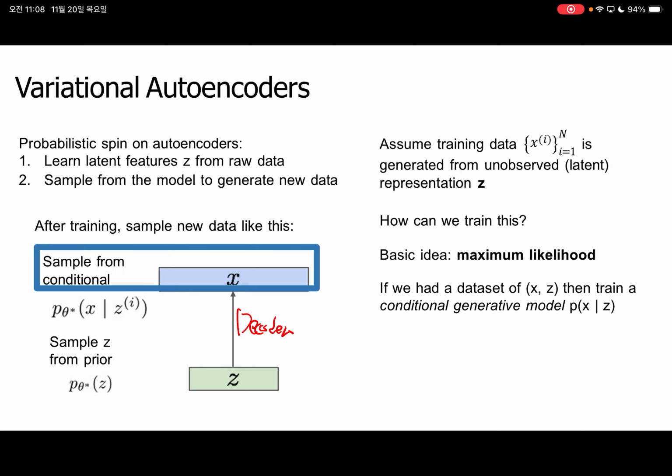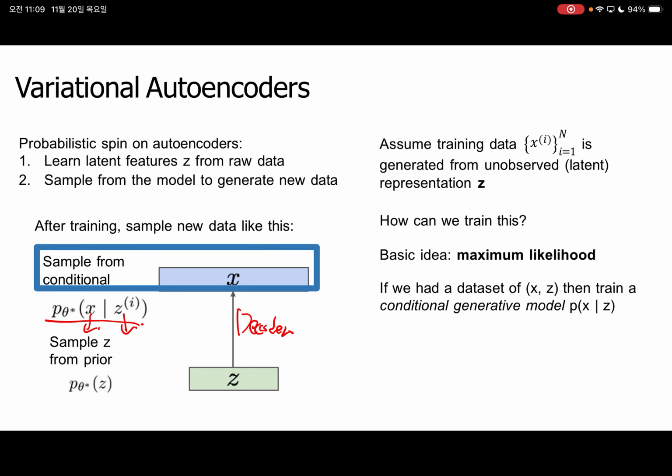The basic idea is maximum likelihood. This probability means likelihood. X is the observation, and in this case, Z is not observed. X is observed, so this is the likelihood.